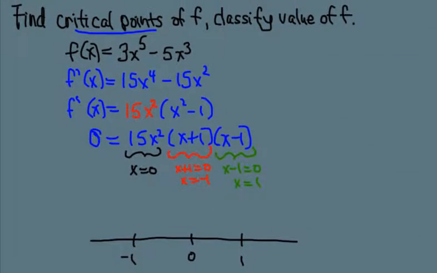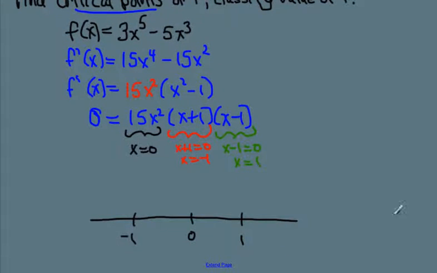So we've done the first part where it says find the critical points. We have critical points at negative 1, 0, and 1. Now we need to use the first derivative test, so I need to look at the sign of the first derivative.